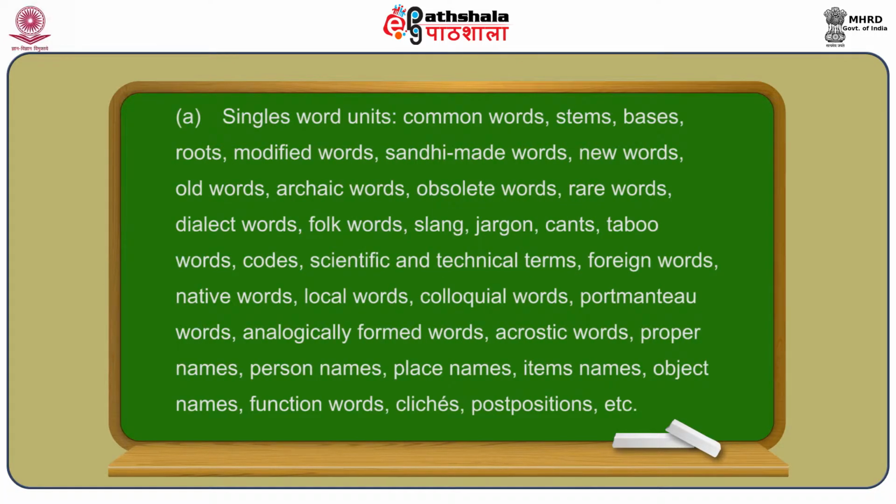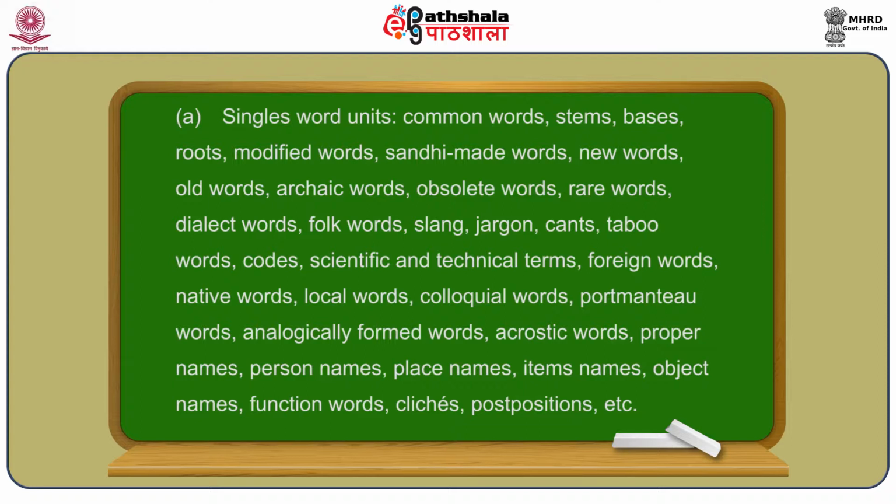Including the class of single word units, you can have all types of words: common words, tails, bases, roots, multiple words, sandhi words, foreign words, native words, local words, colloquial words, portmanteau words, taboo words, canned words, jargon, and many other types.